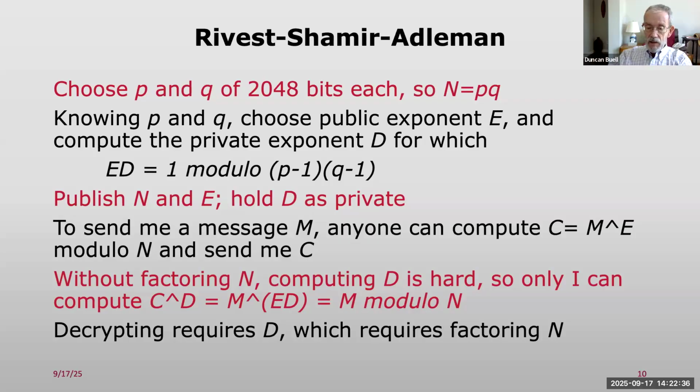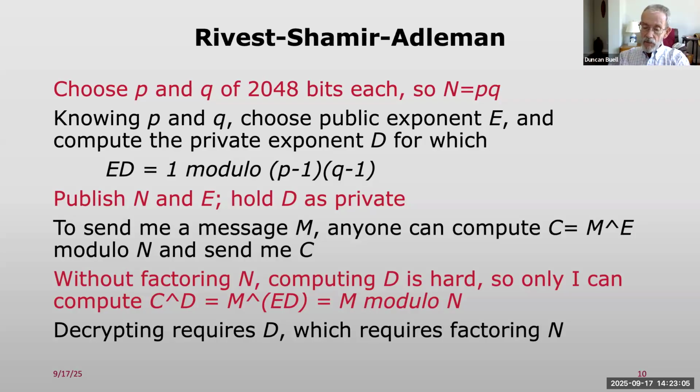So now, why is this hard? Why is computing D hard? I don't think anybody believes there is anything faster for finding D given N and E that does not require factoring N. So all of RSA is based on the difficulty of factoring large integers.